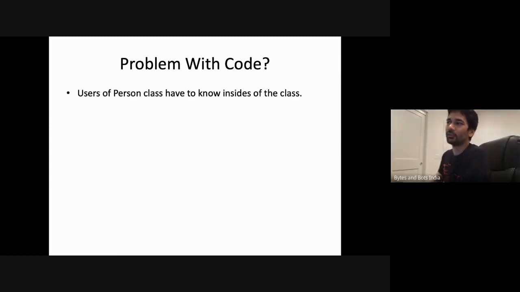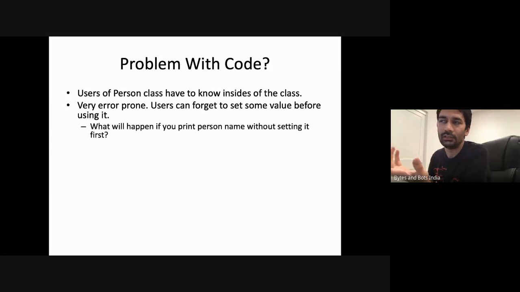So the problem with the code is that users of the person class have to know the inside of the class. In your main program, you had to know that Joe has a date of birth, a year of birth, and all of those details that need to be filled. What happens if you forget something? It's very error prone.